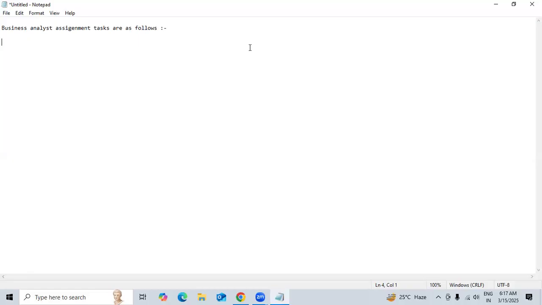Second, they want some kind of product solution to be developed from the scratch. Point number three, they want to customize the product by taking it from outside so that they can use it for their organization purposes. Okay, this is the third. These are the three different scenarios you come across. You need to select any one of these.